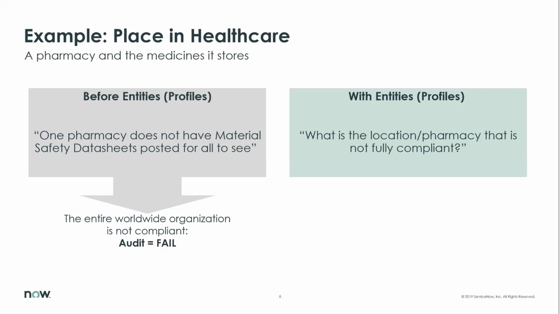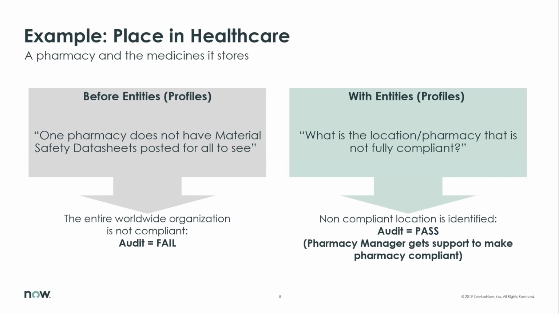With entities, we can make this much easier, and things aren't going to fall through the cracks. So what happens here is you generate these entities. In this case, it's a location. It's not a server. It's not an IT thing. Every location was an entity, and they could associate controls to that entity, like it needs to have material safety data sheets, or every employee has to have a background check, or there has to be security cameras, and there has to be a safe to store controlled substances at night.